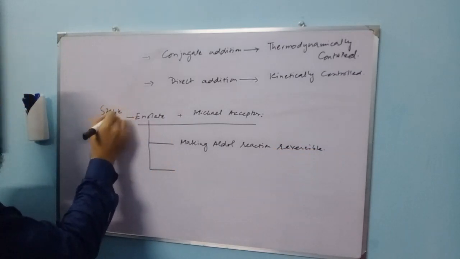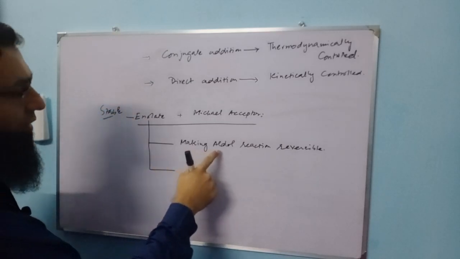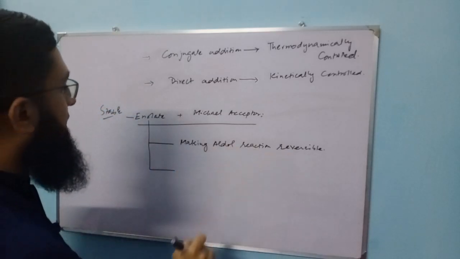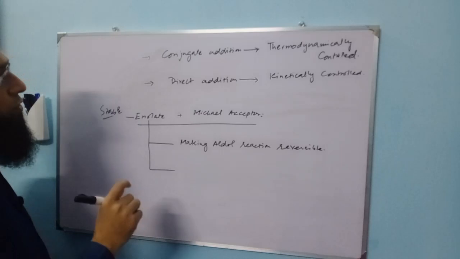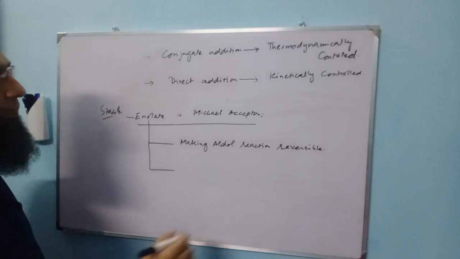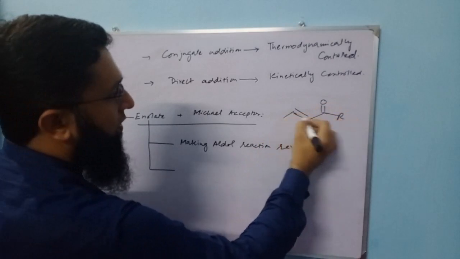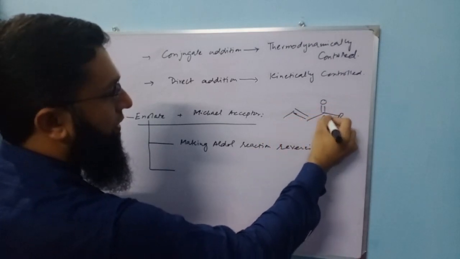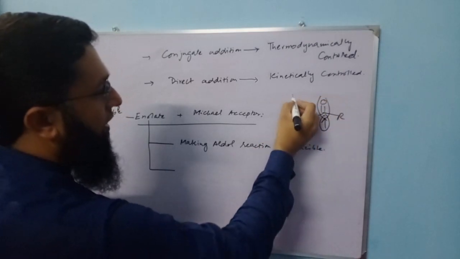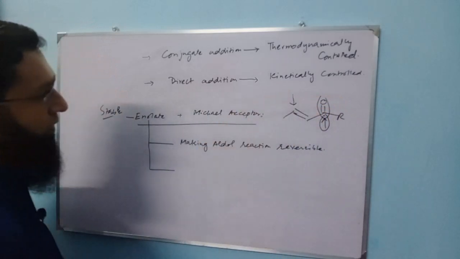A stable enolate can make the aldol reaction reversible, and as a result conjugate addition can be promoted. This is aldol here, whereas here is conjugate.